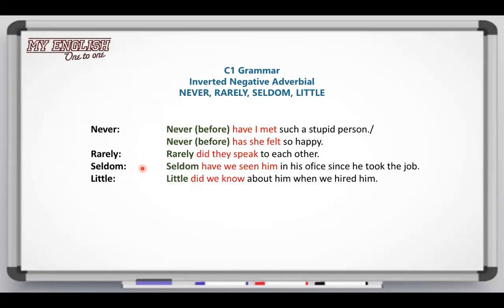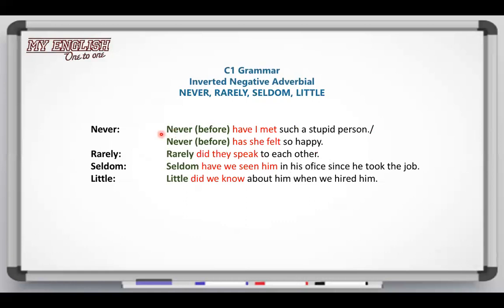Now we have this group: never, rarely, seldom, or little. Most of them are frequency adverbs anyway. Never, let's check with never. Never uses the expression before. So you can say never or never before. Yeah, it's equivalent, it's the same. So let's check.